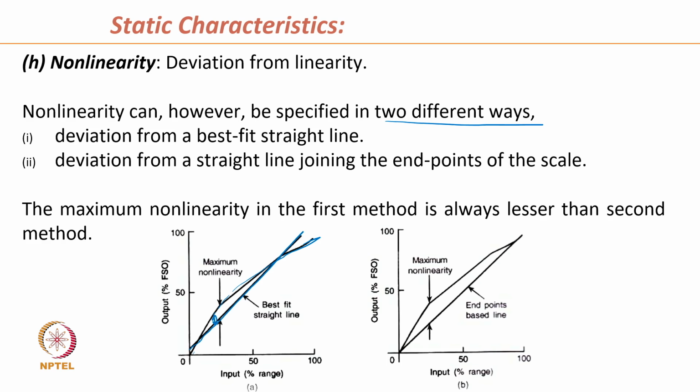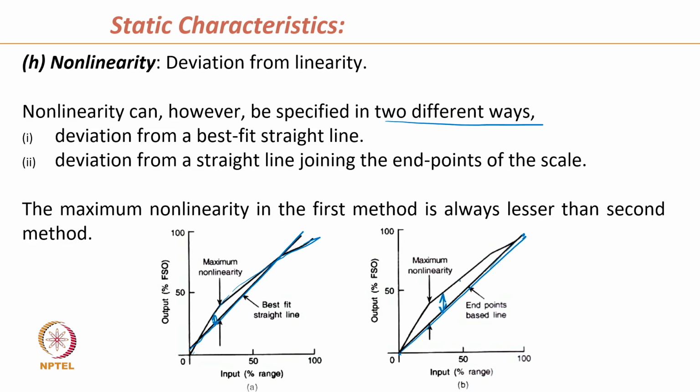this is the error produced by measurement. So, this is one expression of non-linearity where we fit a line in the data and express the error. Second, we just join the first point and the last point using a straight line, and we measure the error between this fitted line and the actual data.